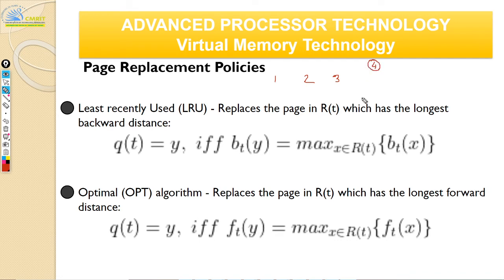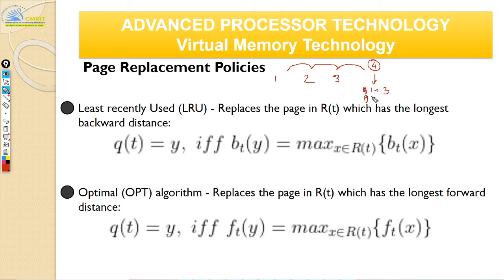You want to bring in page 4. Now according to least recently used, you are going to replace the page that has the longest backward distance. So you will take the backward distance from this point. The backward distance of page 1 is, in this particular case, 3.